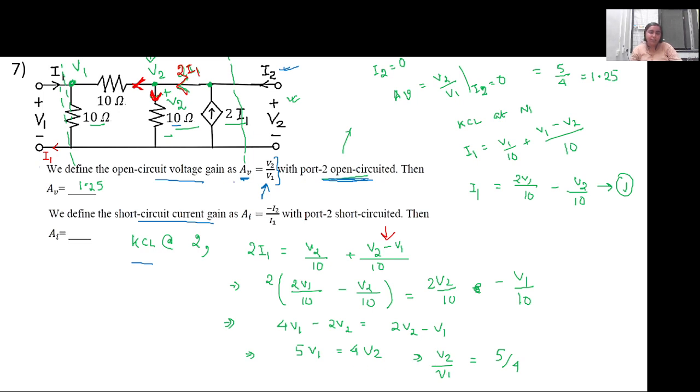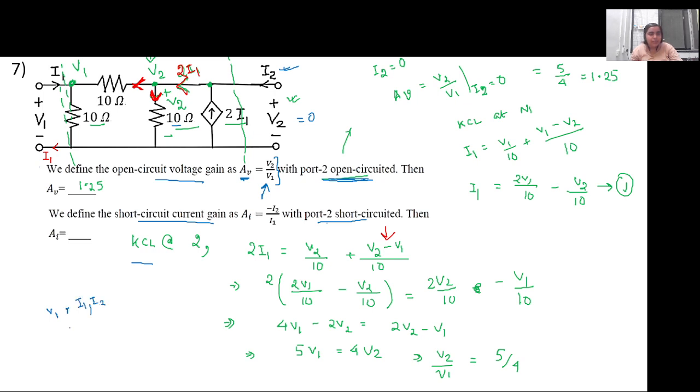In the second case, you have to find the short circuit current gain when port 2 is short circuited. So basically here V2 is equal to 0. If we solve for the two-port network, since V2 is 0, we will get one equation which has V1, I1 and I2.